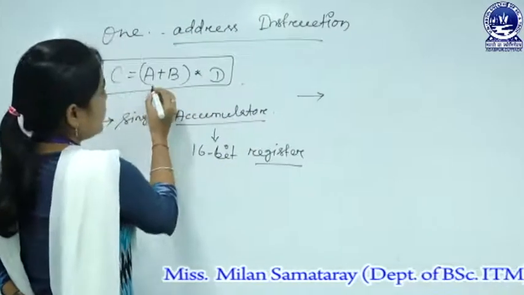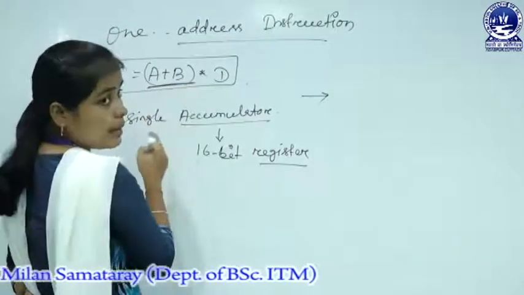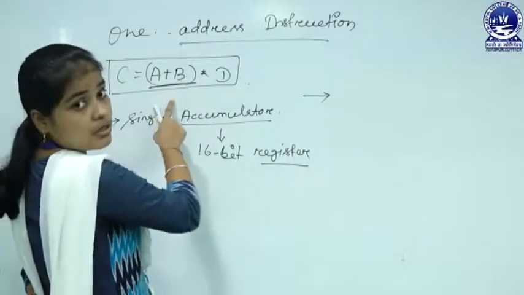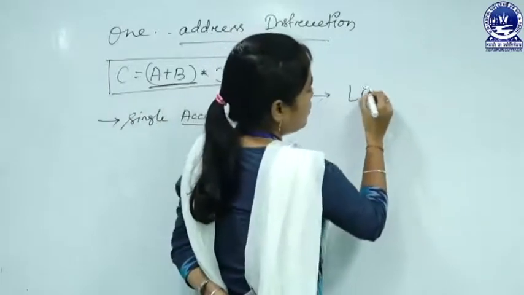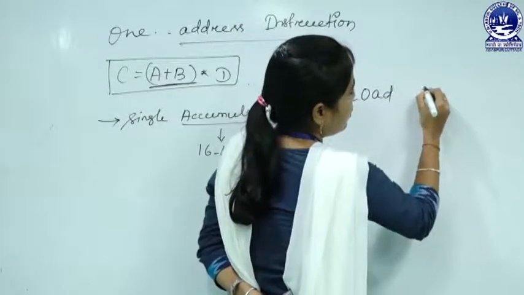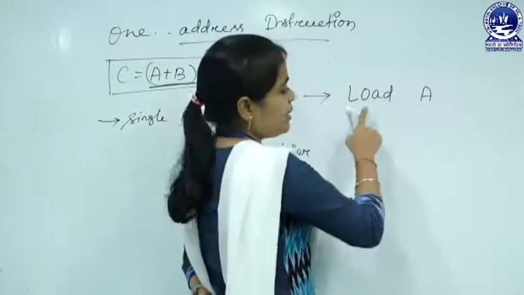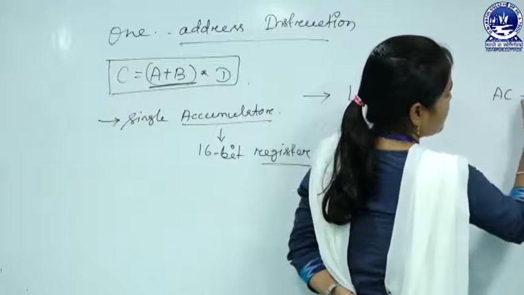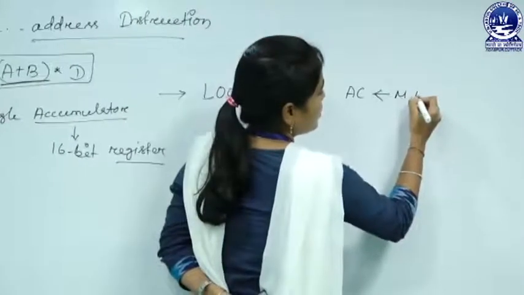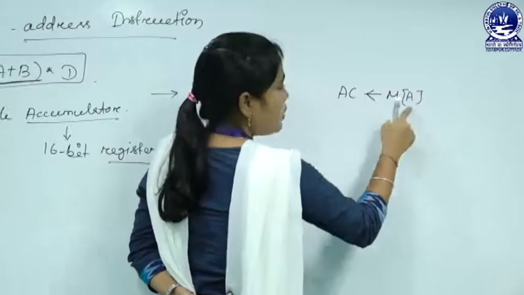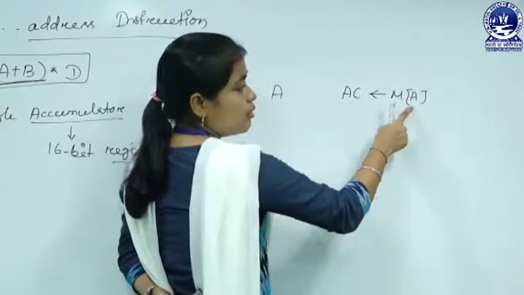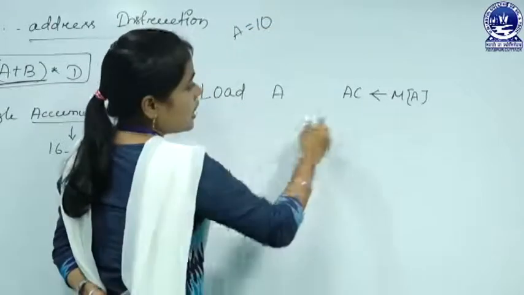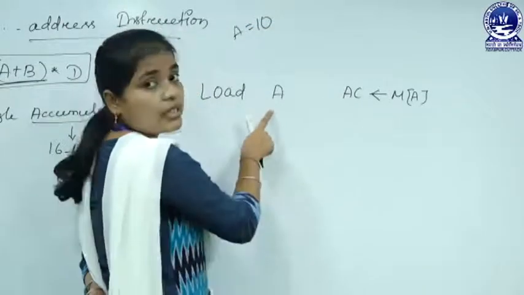First we have to perform this operation, and after that we have to do the multiplication with this result. So, first we will write load A. When I write load A, that means the accumulator is loaded with the memory content, the value stored in A. Let A be 10, then the accumulator is loaded with 10.